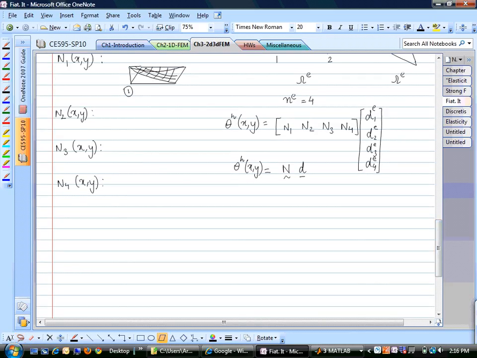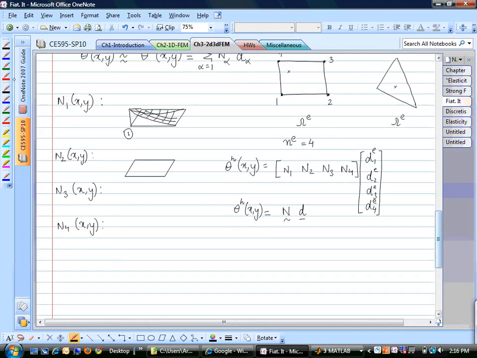So N2 would look like 1 at node 2, and it goes to 0 everywhere else.